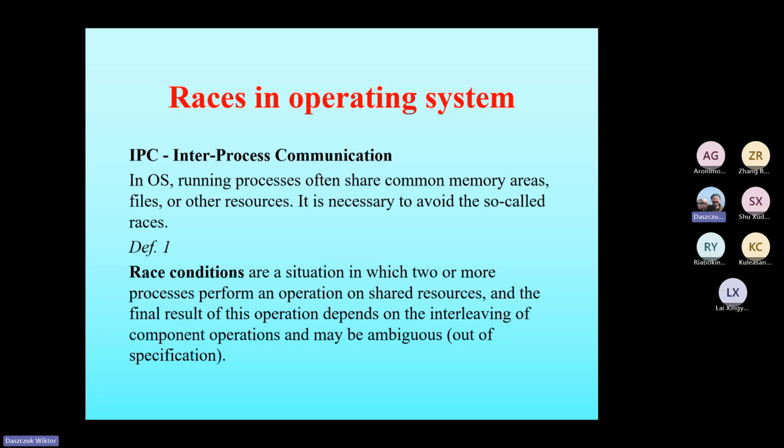And the pipe as a whole is protected in such a way that even if two processes want to write, the bytes that are produced by those two processes do not interleave in the pipe.